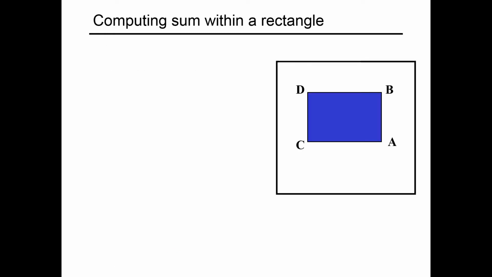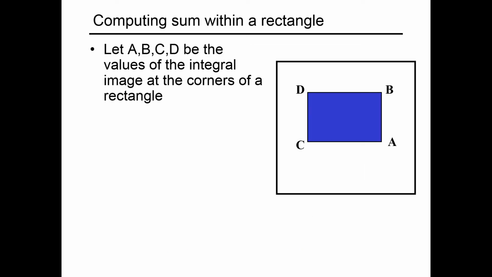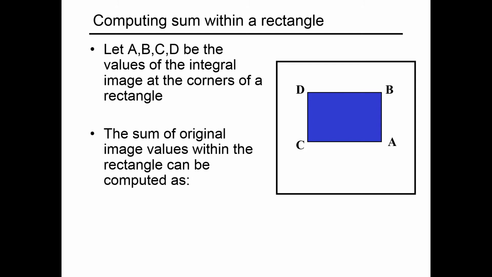And with that, is that clear? No question here. So with that, we can then compute the sum of all the values inside a rectangle using this integral image. It will be simply like that, right? So let's say I have any region I want to sum over, with corners A, B, C, D here.